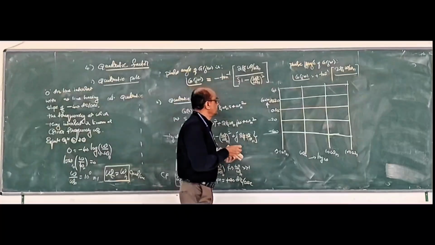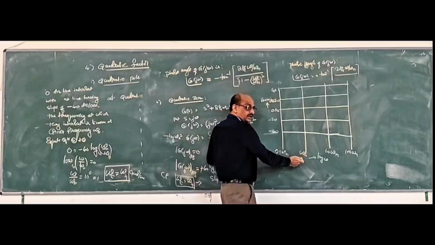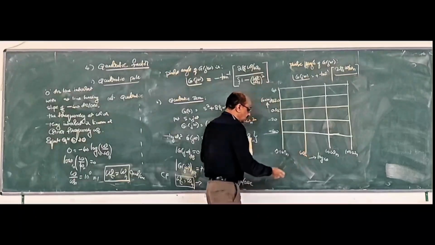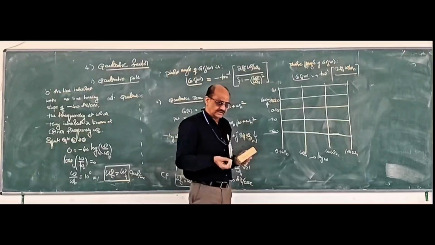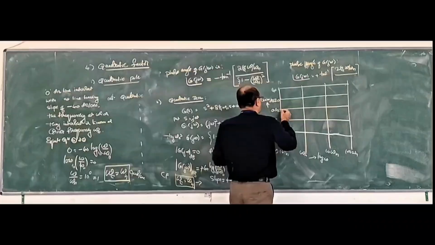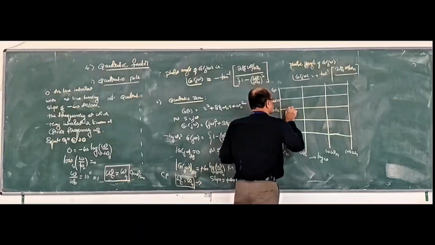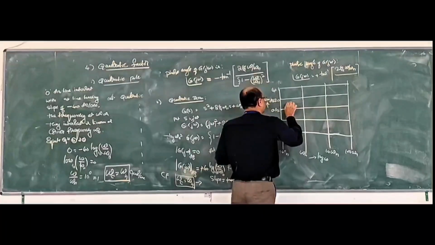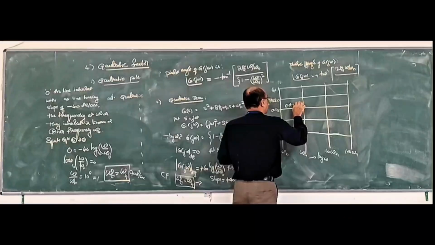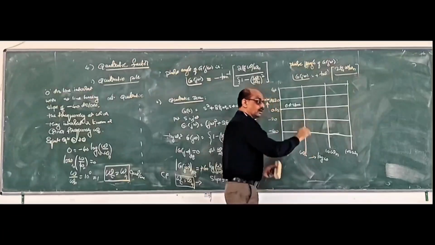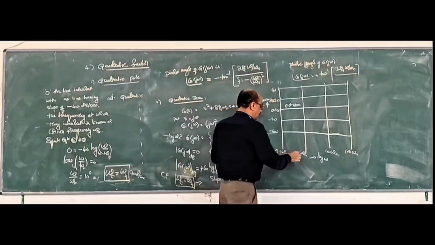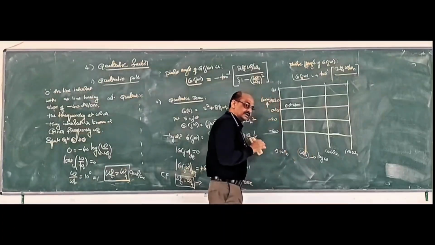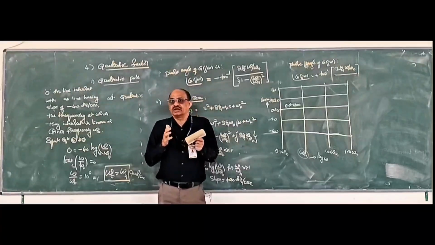What do I have to do now? Omega n is here, so this is your corner frequency, omega c equal to omega n for a quadratic pole, as well as for a zero I have taken. Draw a 0 dB per decade line till omega c equal to omega n. This is your corner frequency for this general transform.